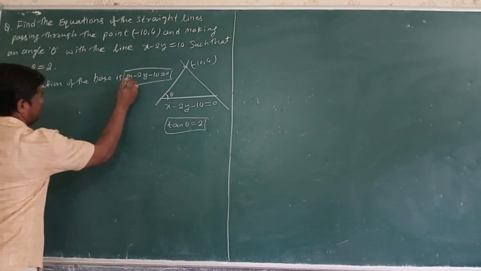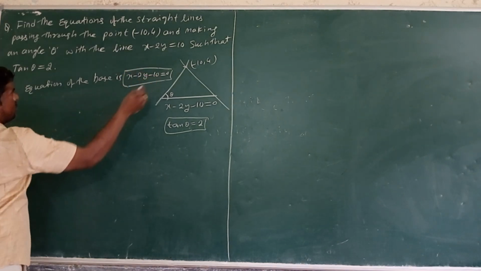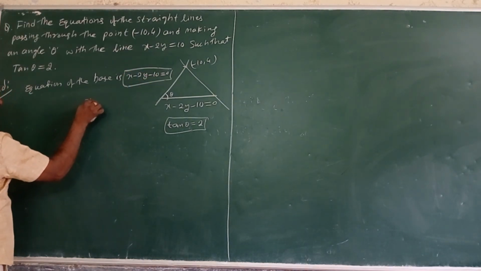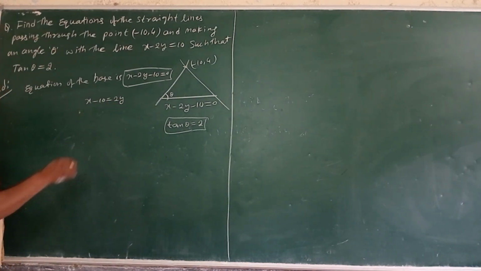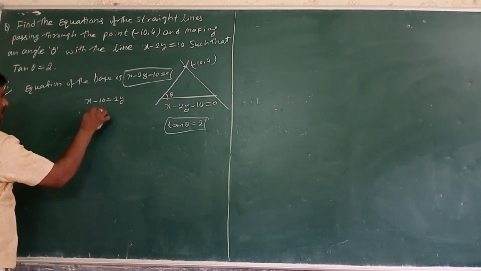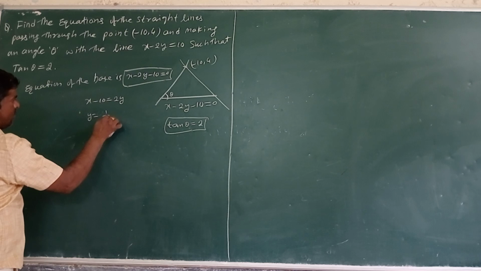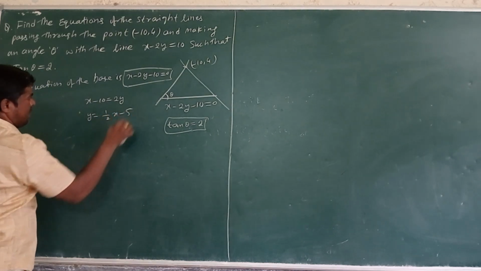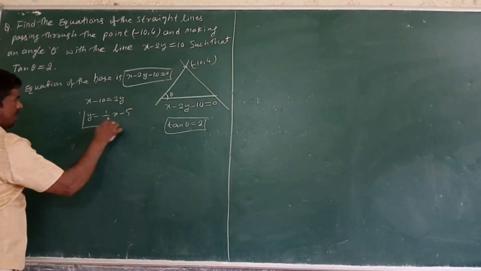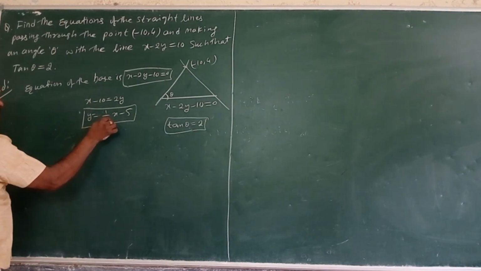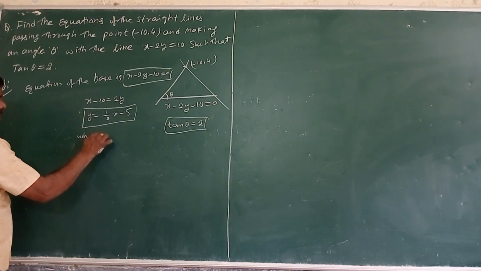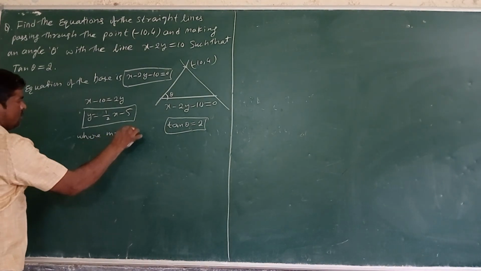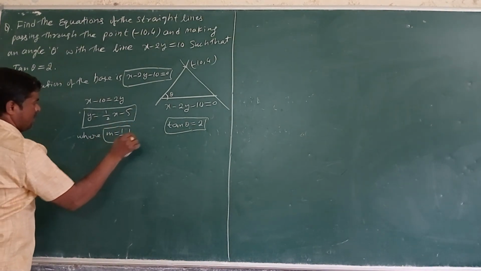Minus 2y transferred to the right-hand side becomes plus, so x minus 10 equals 2y. Dividing by 2, we get y equals 1 by 2 of x minus 5. Comparing with y equals mx plus c, m equals 1 by 2.